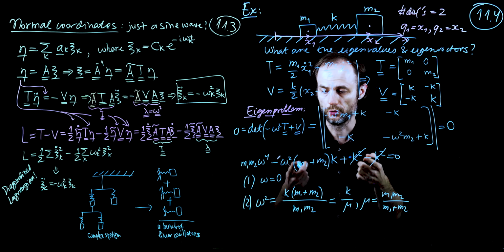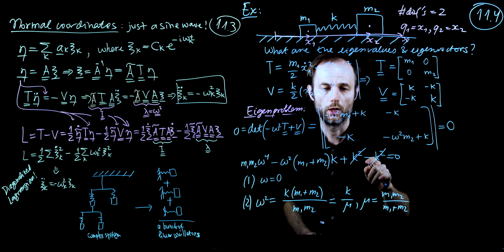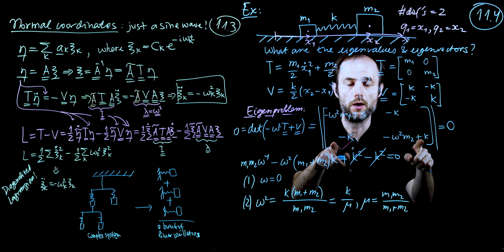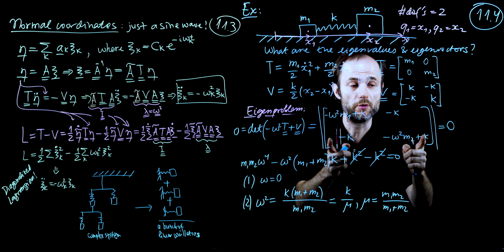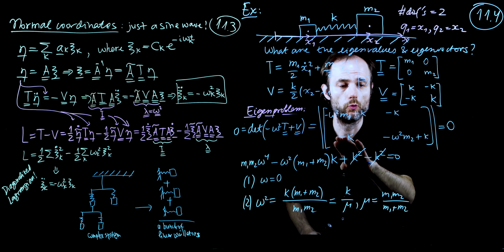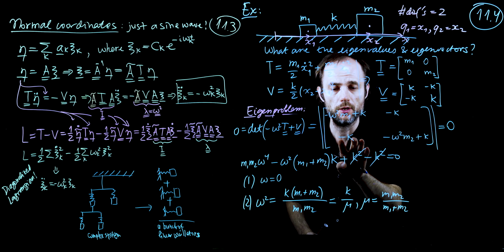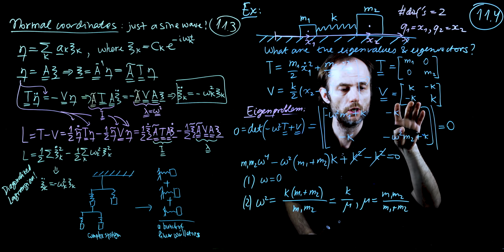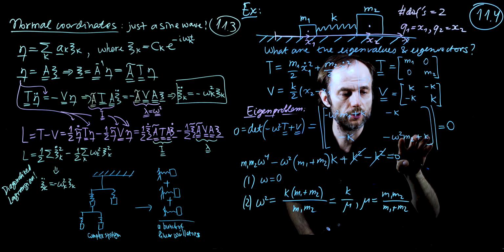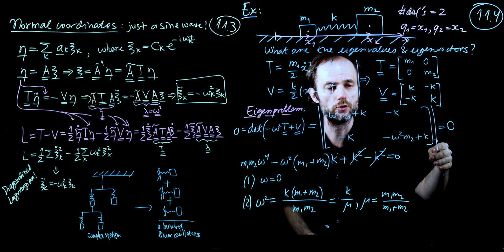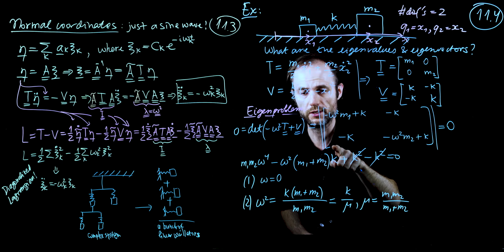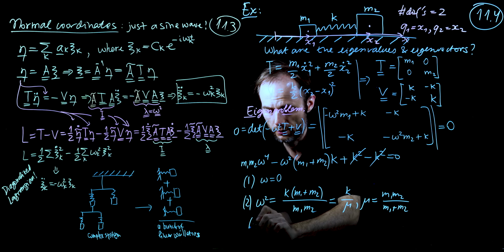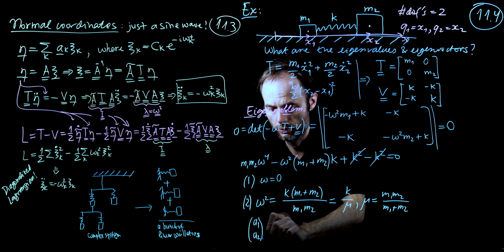So how do we compute the eigenvectors for this problem? Well, the equation for eigenvectors is this matrix multiplied by a1, a2. So if we look at the second line, it will be minus k times a1 plus minus omega squared m2 plus k times a2. So if we take a1 to be equal to this and a2 to be equal to minus that, we're going to get a solution for a1, a2.